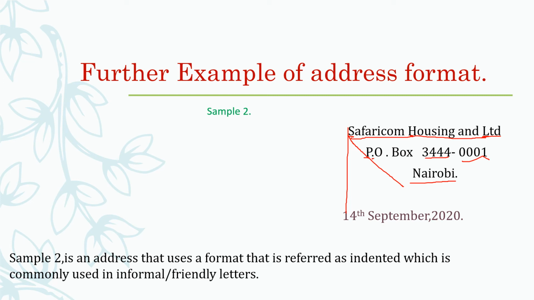Then O stands for office, post office. Since we cannot write the whole word, we write the capital O, then there is the dot. Always remember that Box is also supposed to begin with a capital B. So remember that when you are writing your addresses.